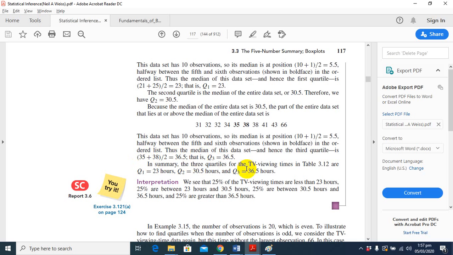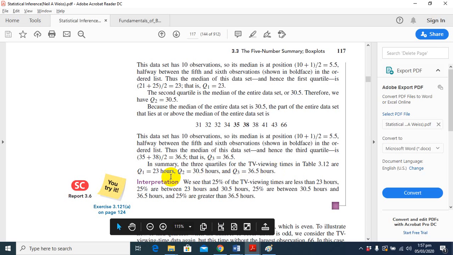In this way we can find the first, second and third quartile and report what these values are actually telling.